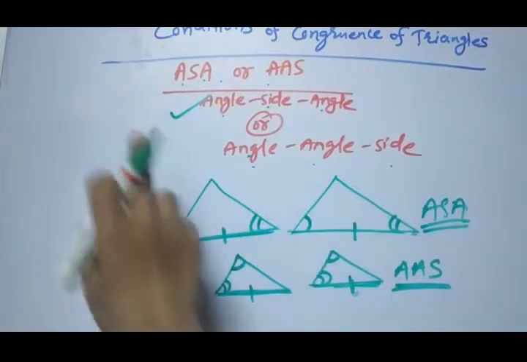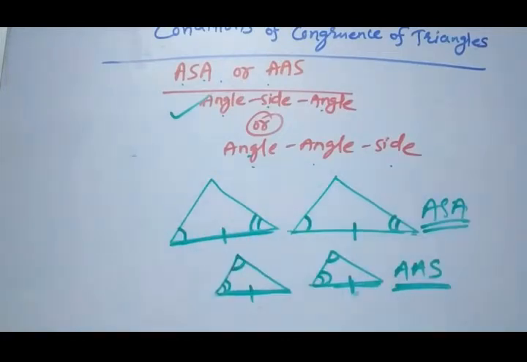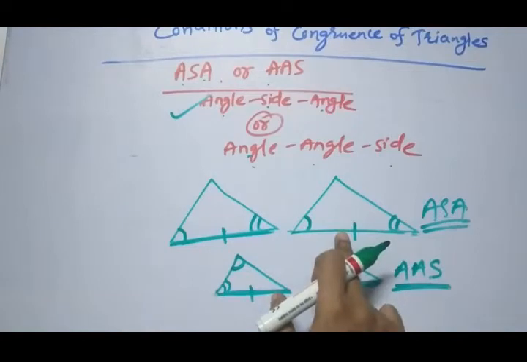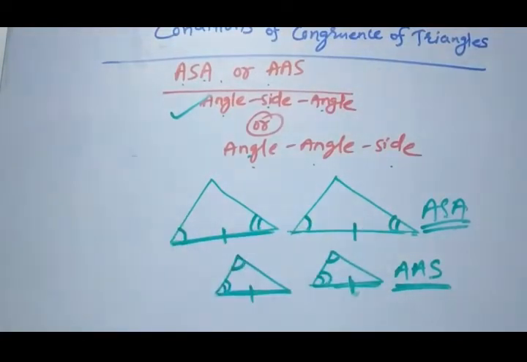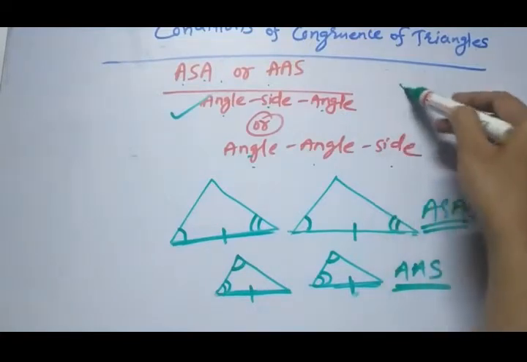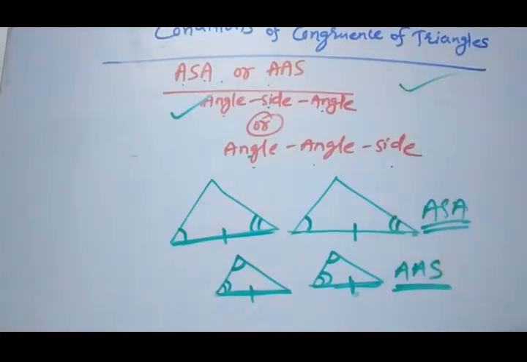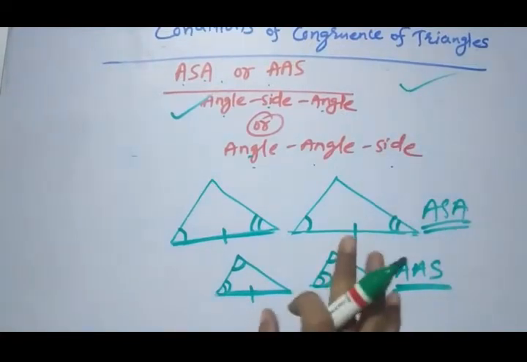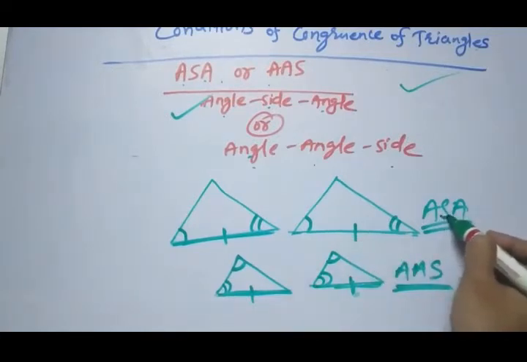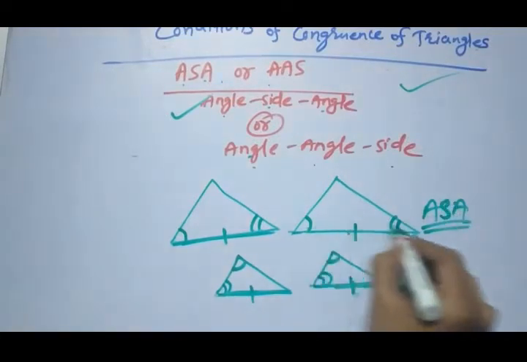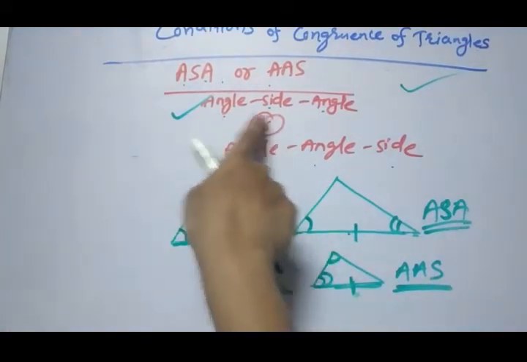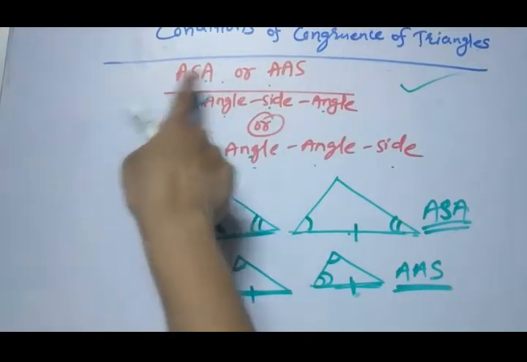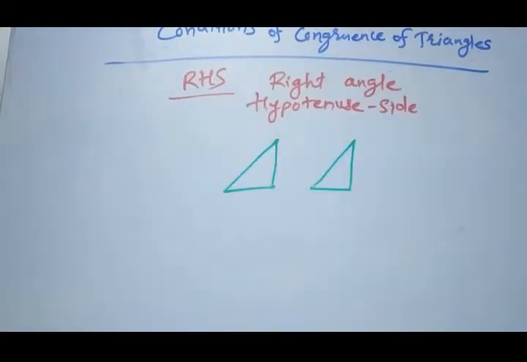In these criteria, if the two triangles have one side equal and the two corresponding angles are equal, then you can say the triangles are congruent to each other. But sometimes the side is included between the angles, and sometimes the angles are there, then the side is there, like this case. So these can be interpreted as ASA or AAS.